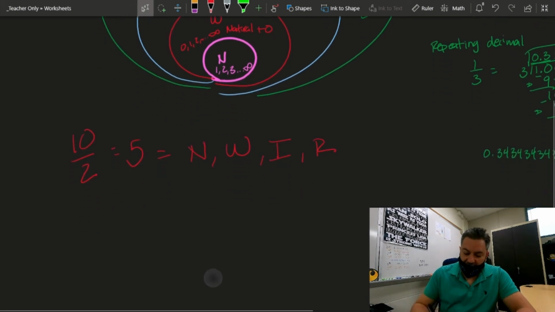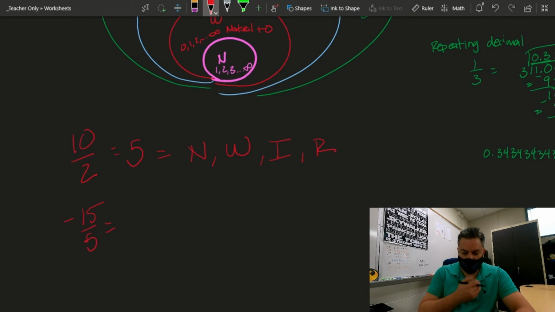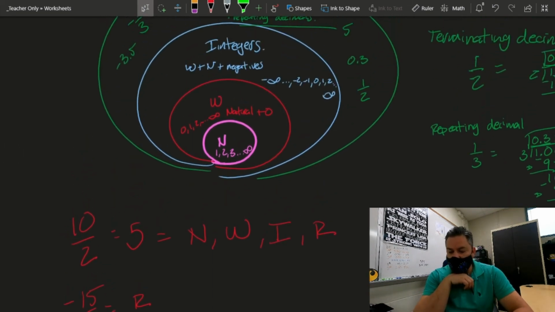Now what if you have negative 15 over 5? Rational. Can it be anything else? Whole number? A whole number is not negative, first of all. Integer? Why integer? It's negative. Okay, but in integers we have only positives and negatives, no fractions.